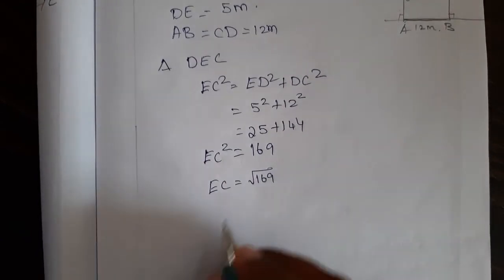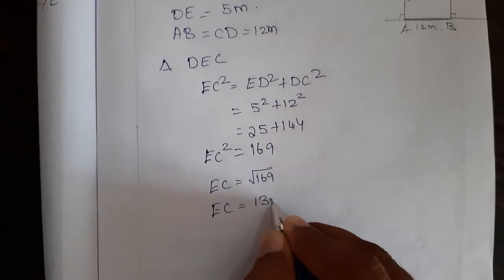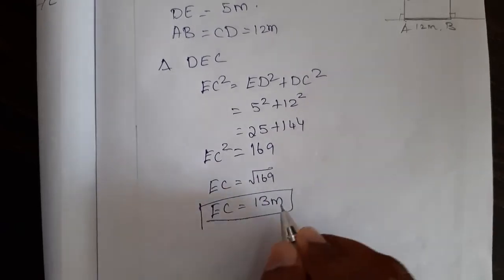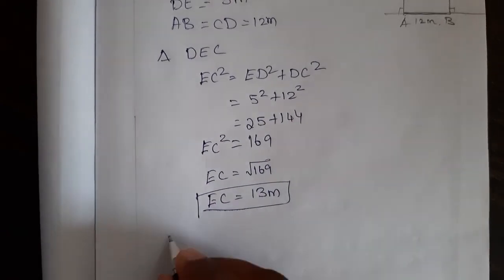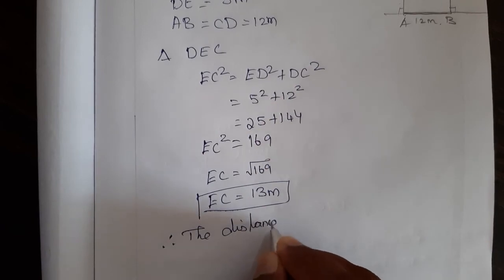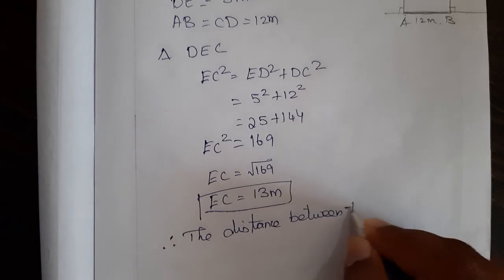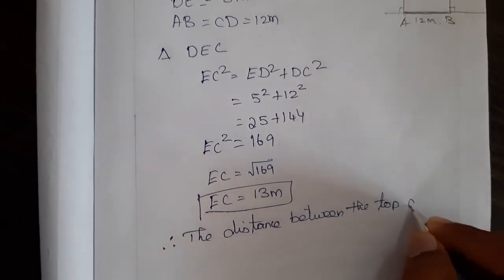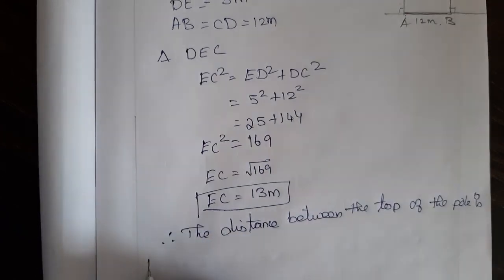So square root of 169 is 13, right? So EC is equal to 13 meter. Plus or minus 13, the negative will be avoided since the length cannot be negative. Therefore the distance between the tops of the poles is 13 meter.